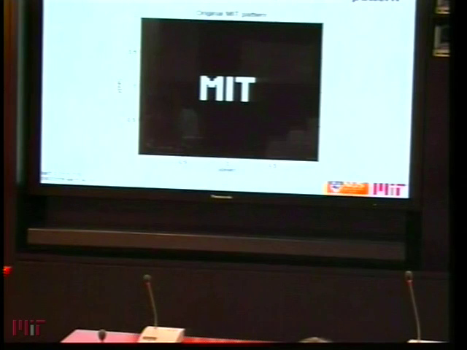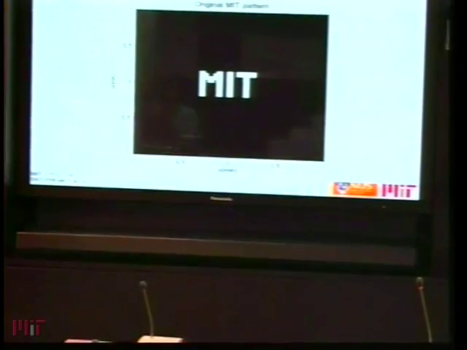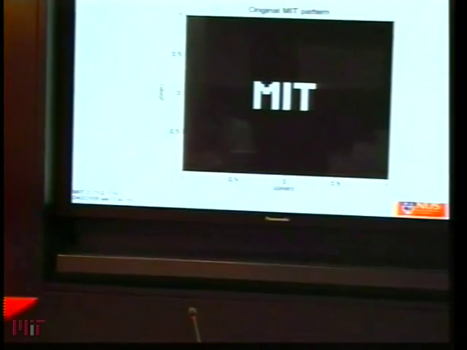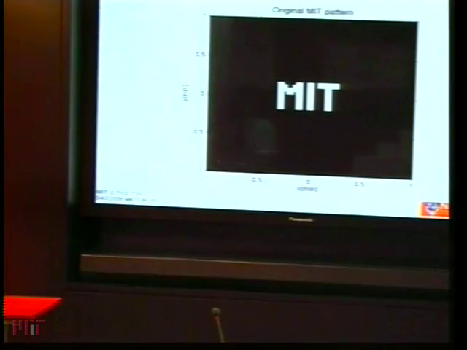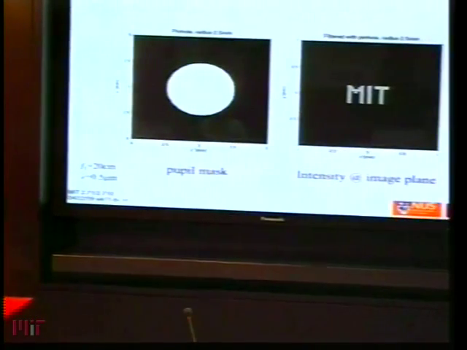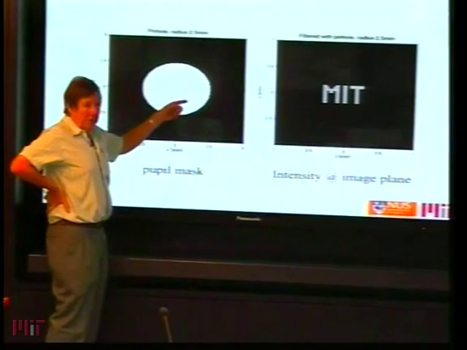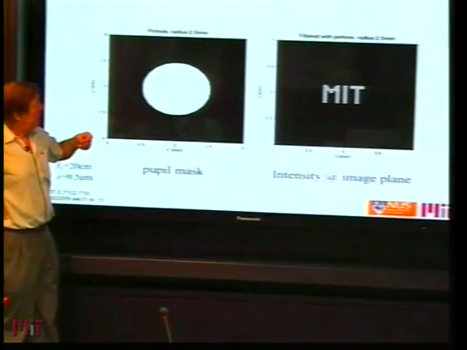Then the next ones, we're going to look at something which has got a bit more structure. So this is MIT written as a binary mask. So this is our original object. And we're going to image that in an optical system and look at what the image looks like in different cases. So the first one is quite straightforward. We've got now a circular aperture.